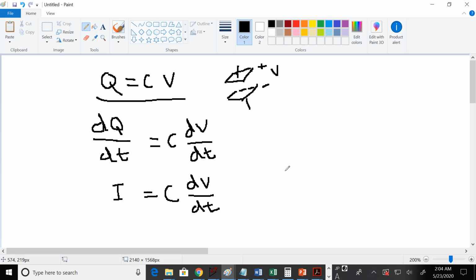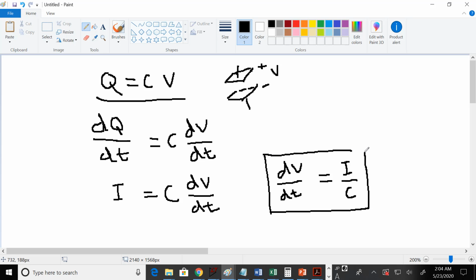And what you can see here is how fast a node changes. So the change in voltage per unit time. So how much the voltage changes in 1 second equals I over C. That's just massaging this equation, dividing both sides by C. Okay. So how fast a node changes is how much current divided by how much capacitance is at a node.